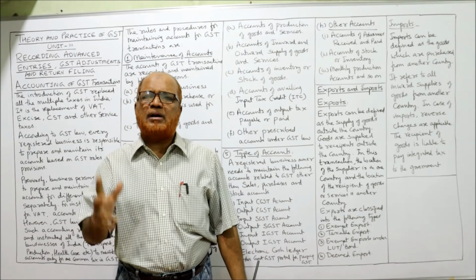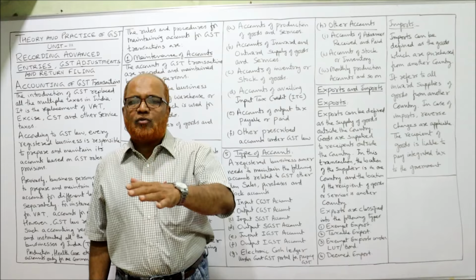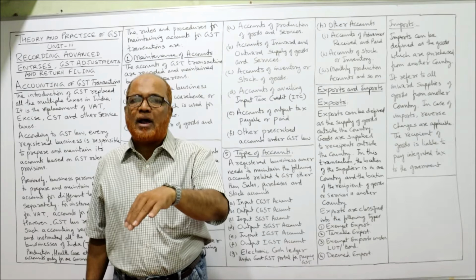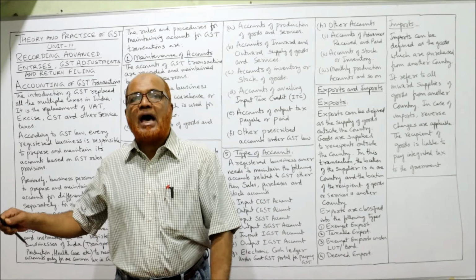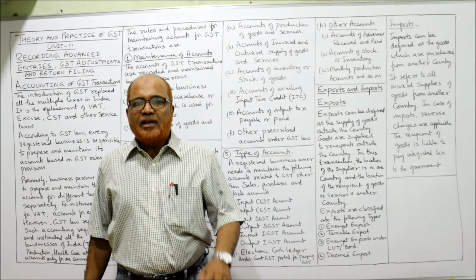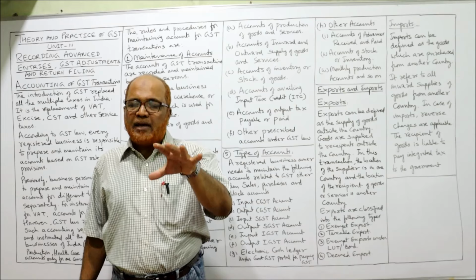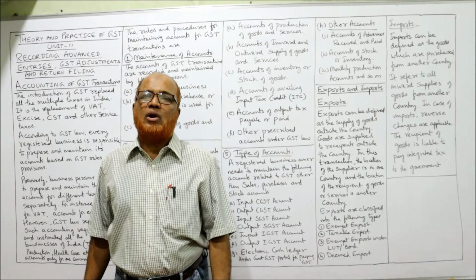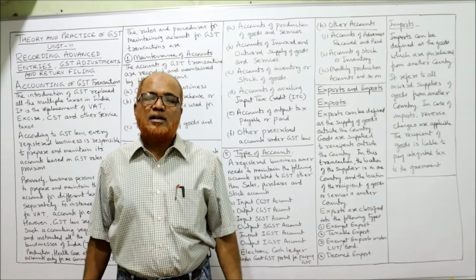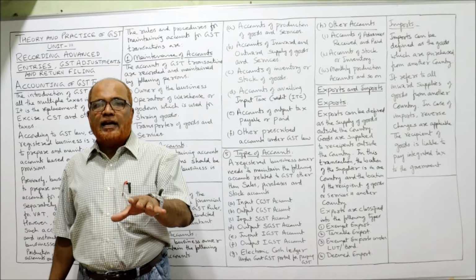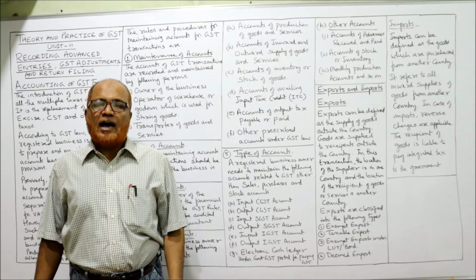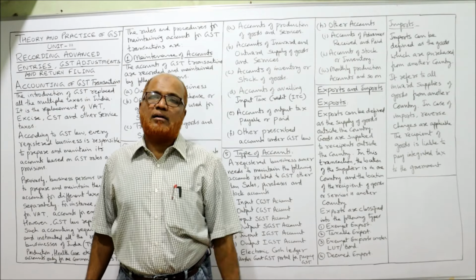Very simple definition. Export of goods simply means selling or supplying the goods to another country, where the supplier belongs to one country and the recipient of goods belongs to another country. So for example, in India, we are the supplier, we are the sellers, and the buyer is in America.